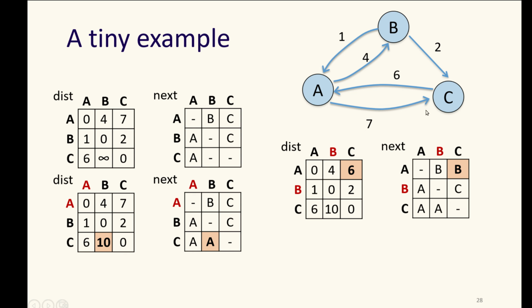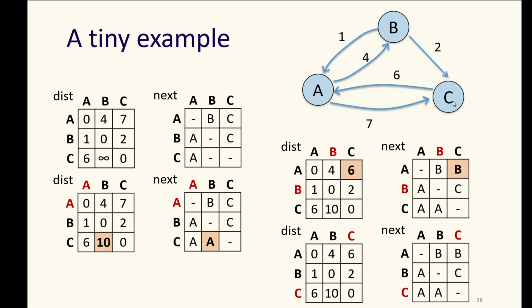And it will tell us that from A, the shorter path is to go from A to B and then B to C. And so the option is that if I'm going from A trying to get to C, the next I would go to is B, and then I look up from B to C, and I know the next I would go to is to get to C from there.